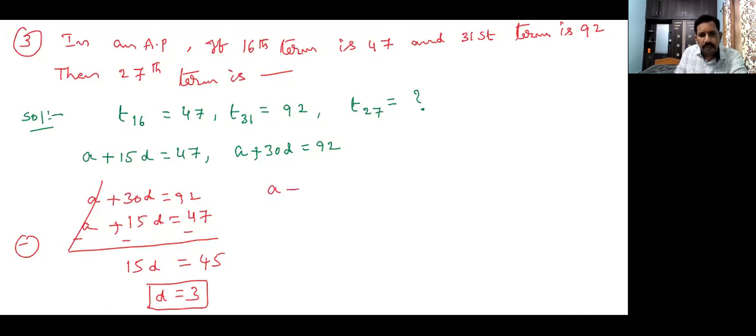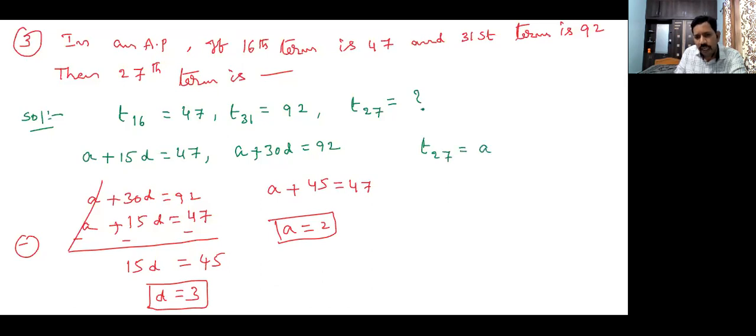A plus 15D, D is 3, 15 3s are 45, that is equal to 47. Now what is the A value here? 2. We got the A value and D value. Now we need to find T27.